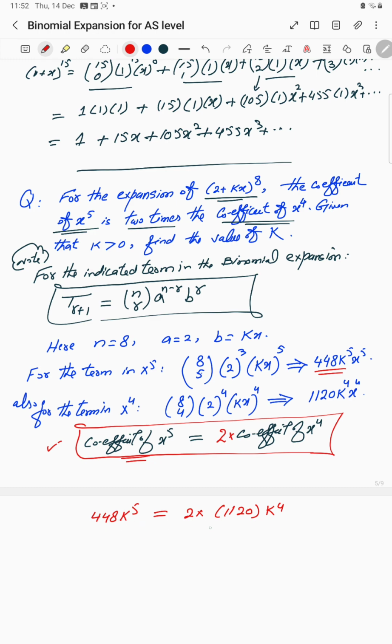So bring all k^5 to one side, k^5 by k^4 will be 2 times 1120 over 448. So k, once you divide it with the calculator, we can get k is 5. That is the value of k. I hope you got it.